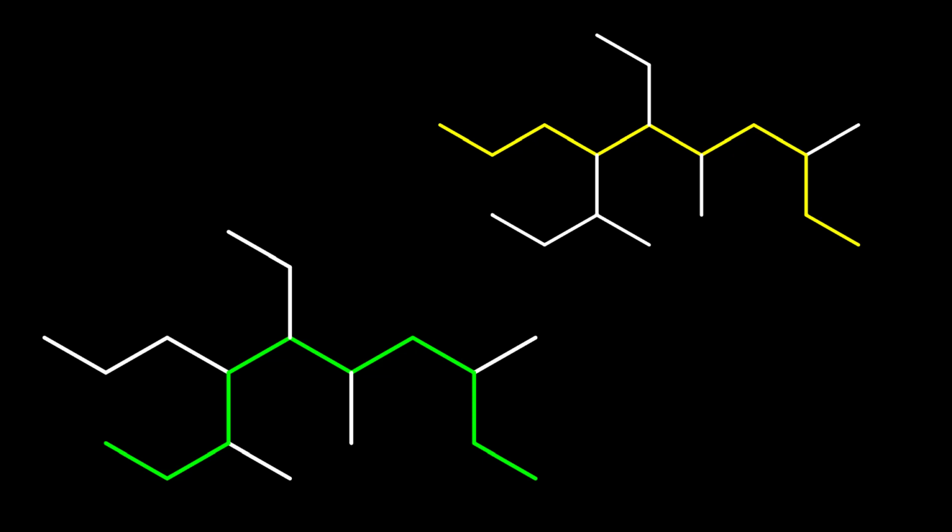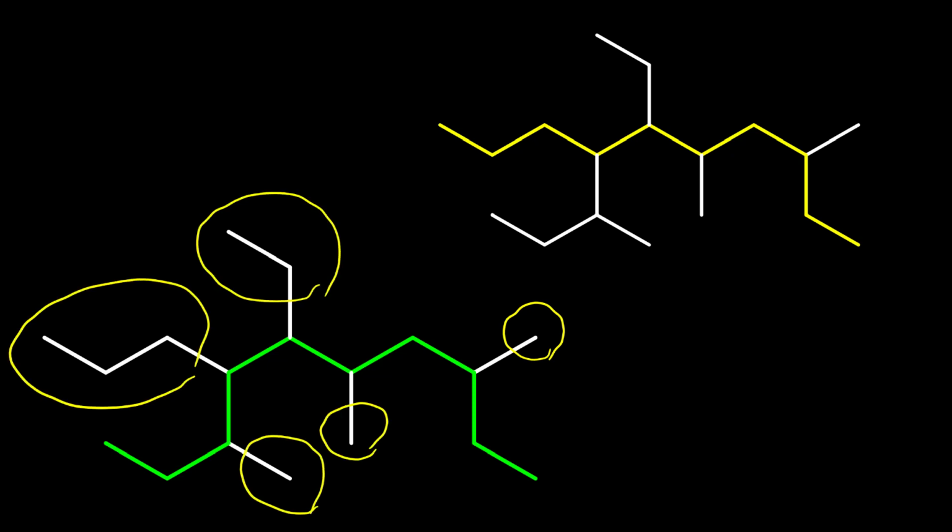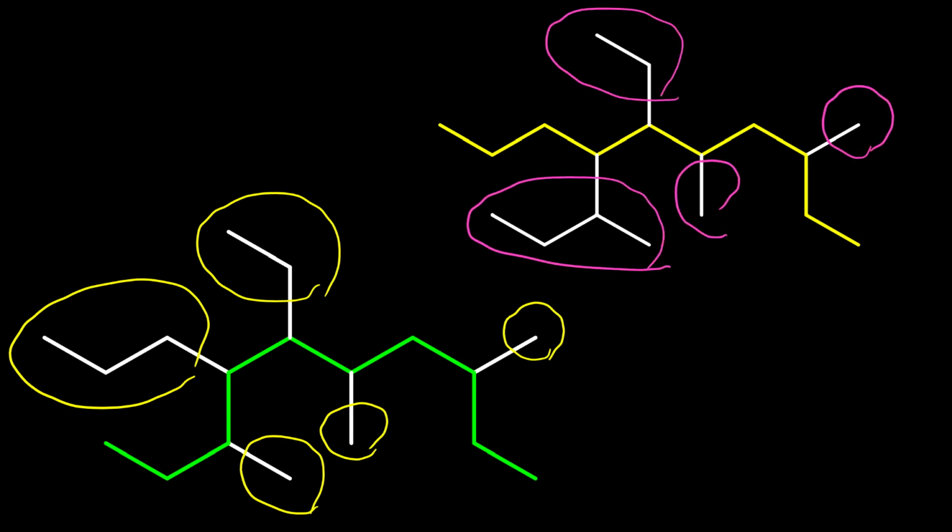When we have two chains with the same number of carbon, our decision is based on the number of branches on each chain. In the green chain, we have 1, 2, 3, 4, and 5 branches. And on the yellow chain, we have 1, 2, 3, and 4 groups.